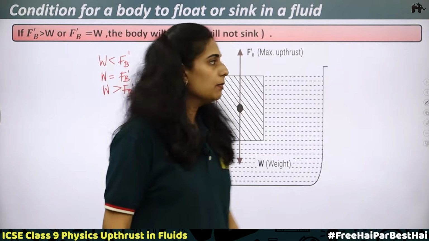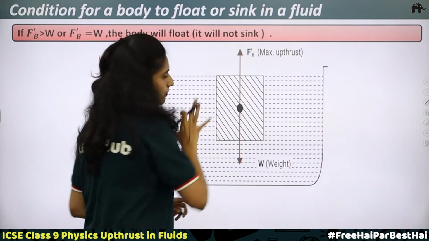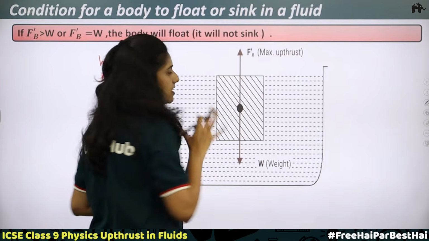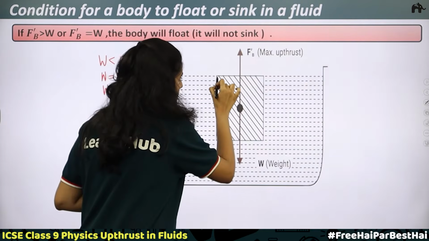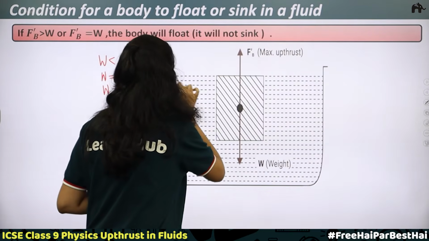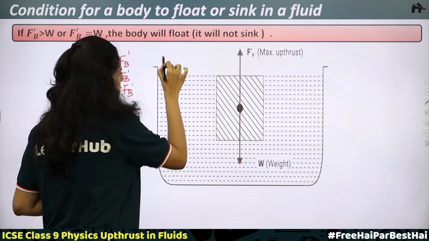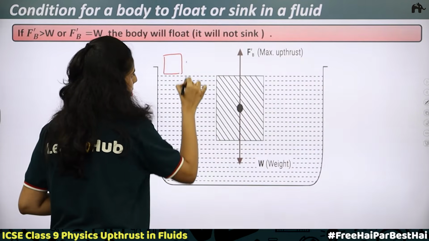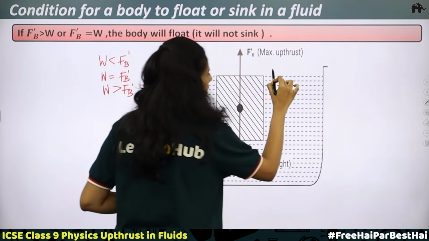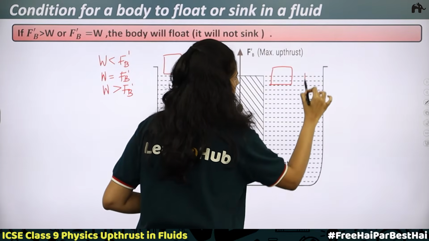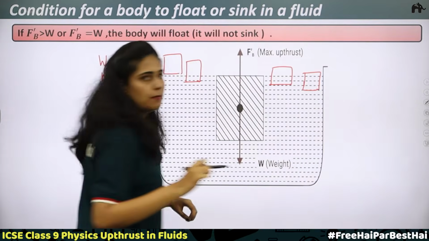Okay, now you are able to see that an object is placed here. In this case, the object's top portion and the free surface of the liquid is coinciding. Now other possibilities are this way the object can be, this way the object can be. All these are possible, right?